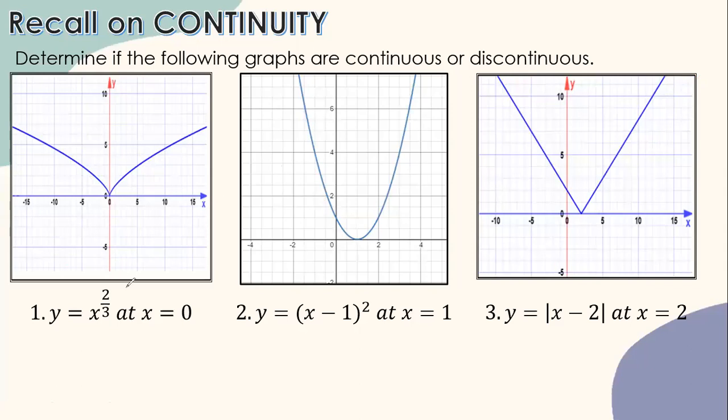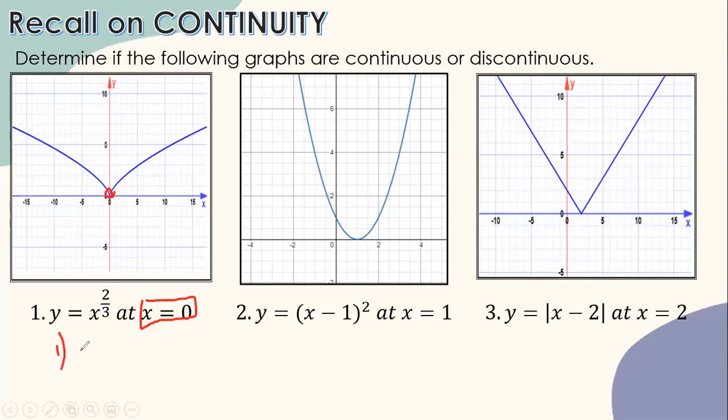So using our function, how do we identify? Using the test of continuity. For our first one, y is equal to x raised to 2/3 at x is equal to 0. Is the function continuous at x is equal to 0? Let's find out using the test of continuity.